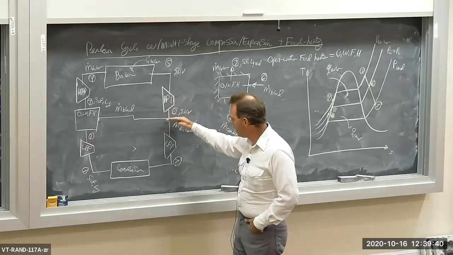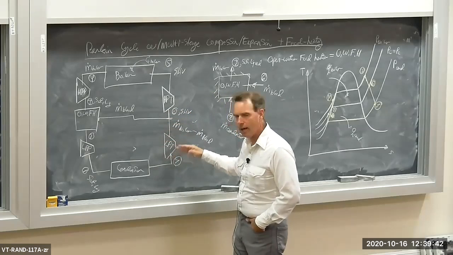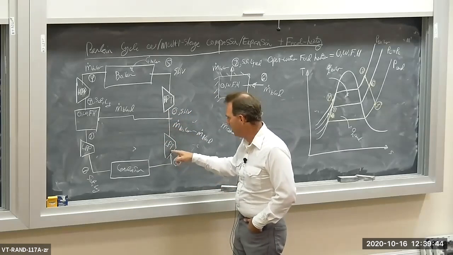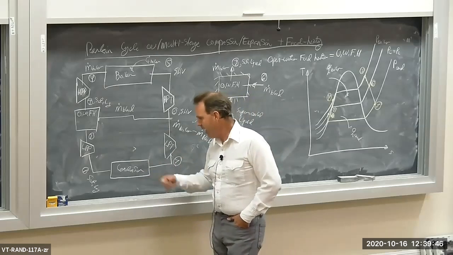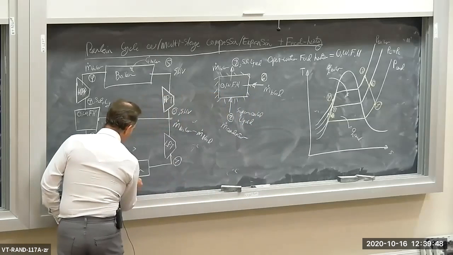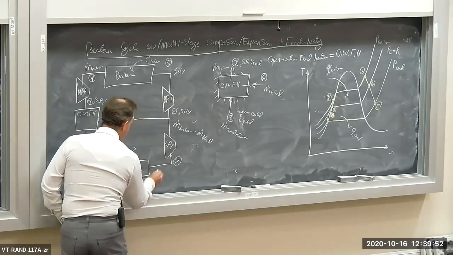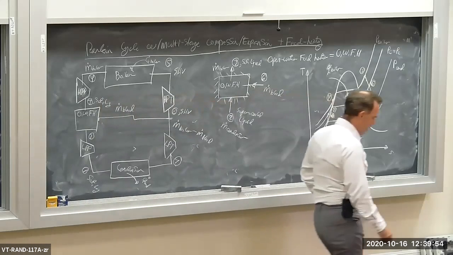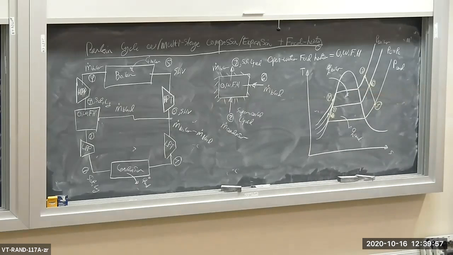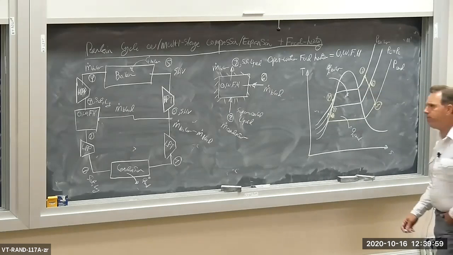And then we expand what's left over of the mass flow in a low pressure turbine, and then that gets sent to the condenser and we reject the heat in the condenser, Q dot condenser. So let's talk about what this open water feed heater does here.